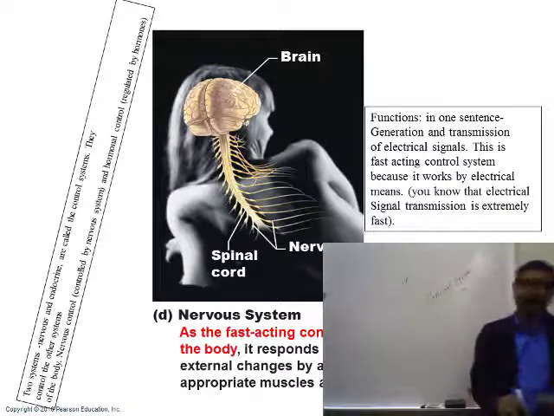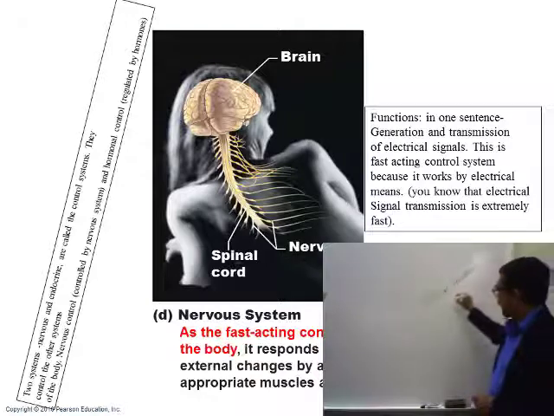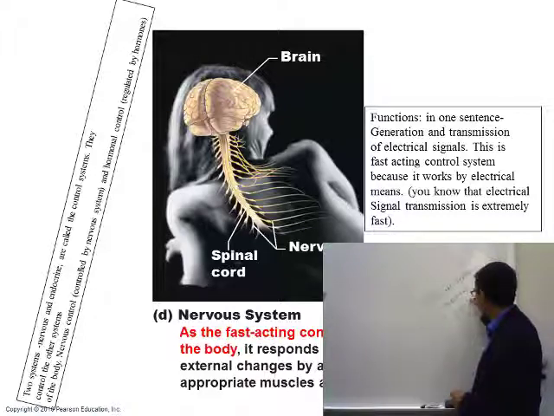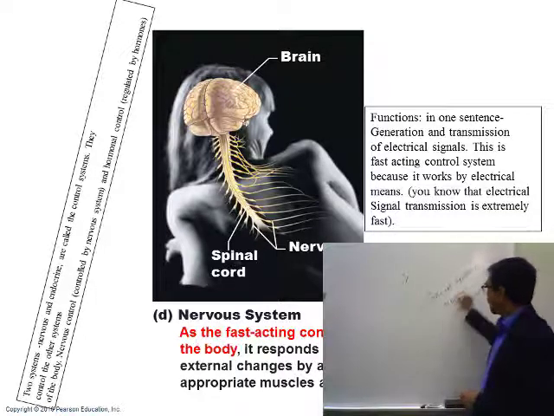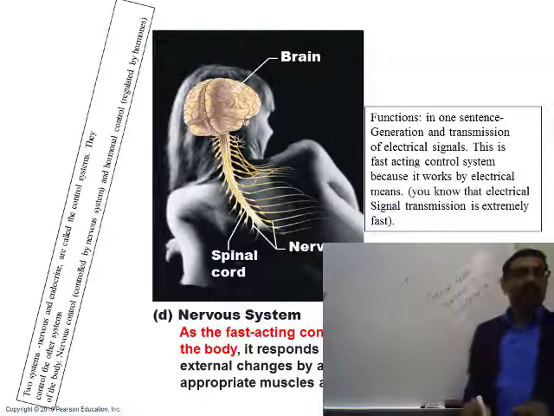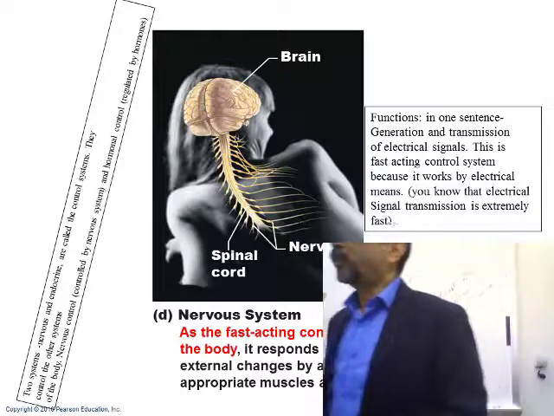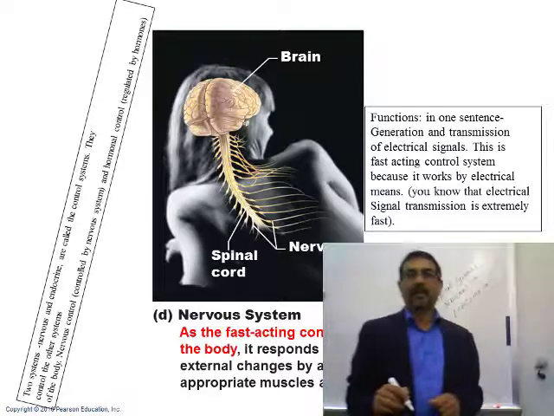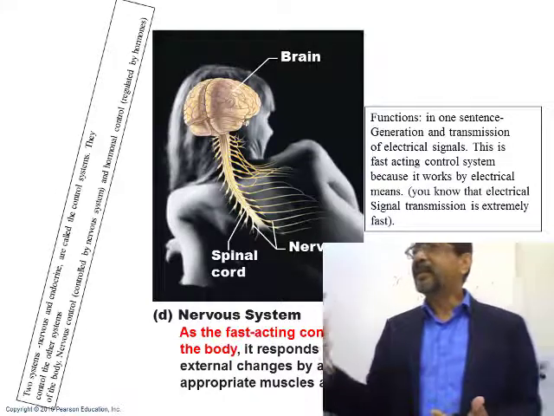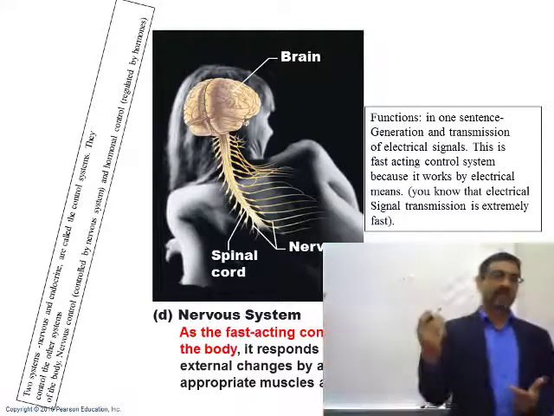These two systems are nervous system and endocrine system. Nervous system controls the body functions by electrical signal transmission.